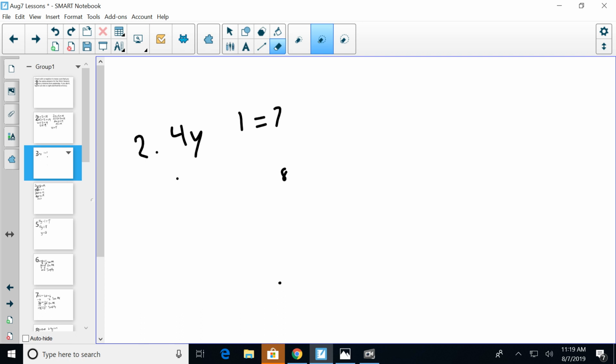Wait, so how does the work go? Y equals 2. I didn't do any work. Check 8x. Lord help you. Because you said you don't have to do any work.